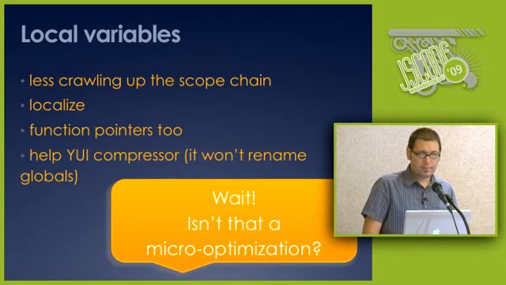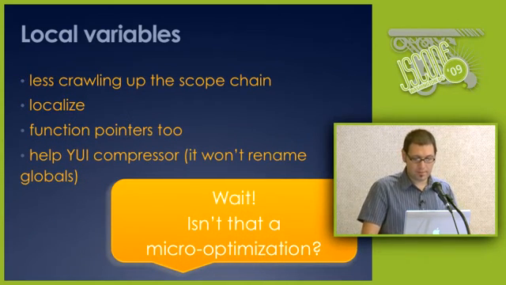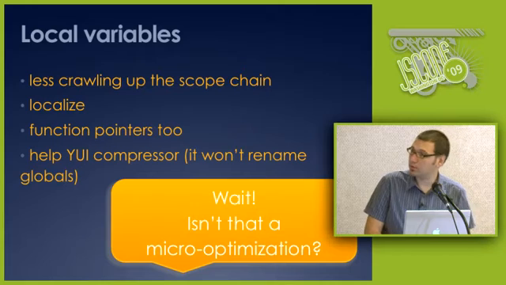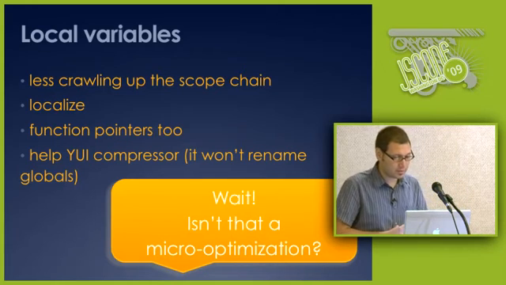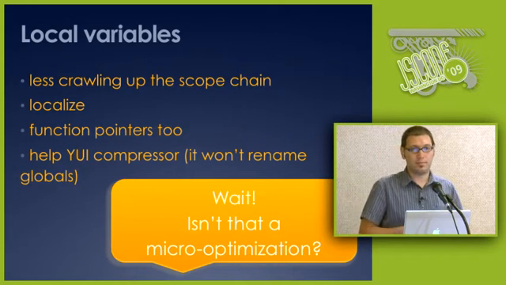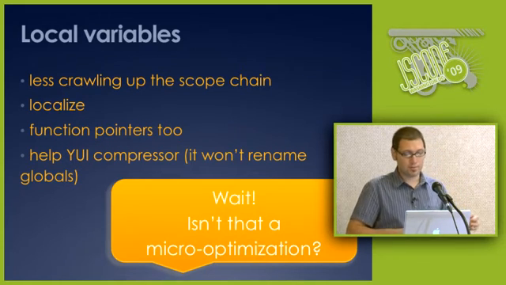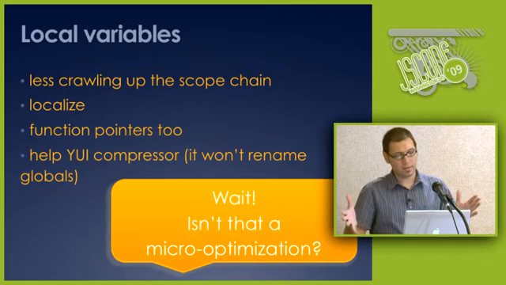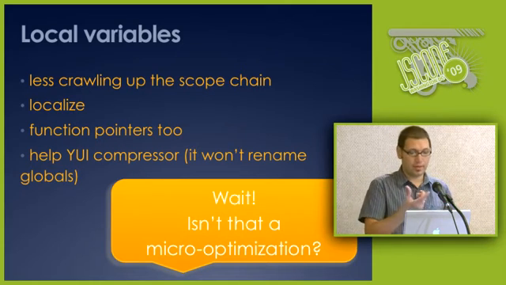Not having global variables, but having more locals, also helps the YUI compressor, because it won't rename global variables, since that's too risky. If you have a long variable name, the YUI compressor will minify it to a, let's say.